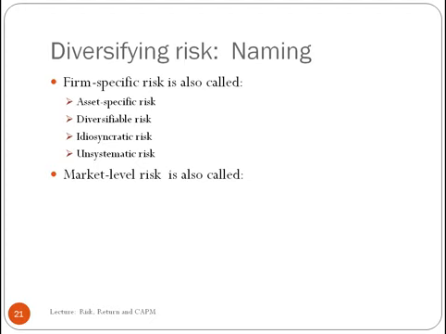Market-level risk is also called by a number of names: systematic risk, market risk, and non-diversifiable risk. You'll hear any of these names used in finance. So if you hear me use one or the other, this is what I am referring to.